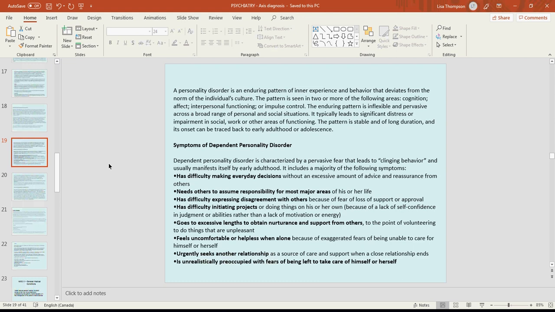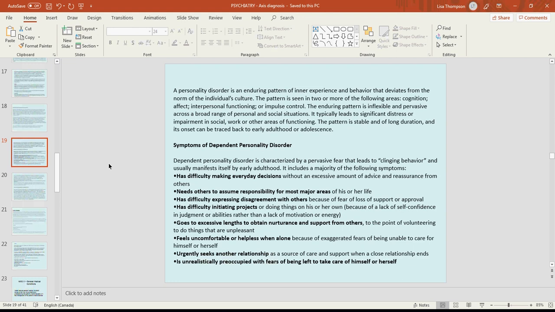A personality disorder is an enduring pattern of inner experience and behavior that deviates from the norm of the individual's culture. The pattern is seen in two or more of the following areas: cognition, affect, interpersonal functioning, or impulse control.